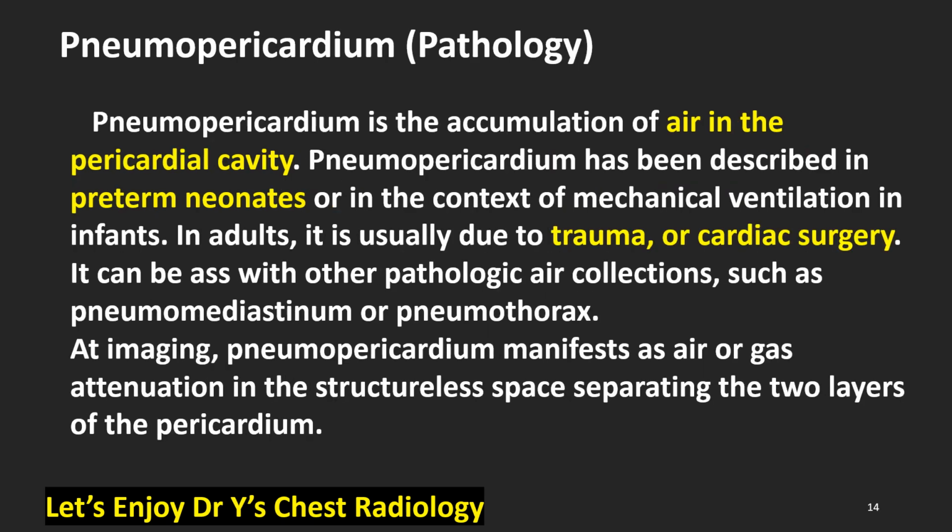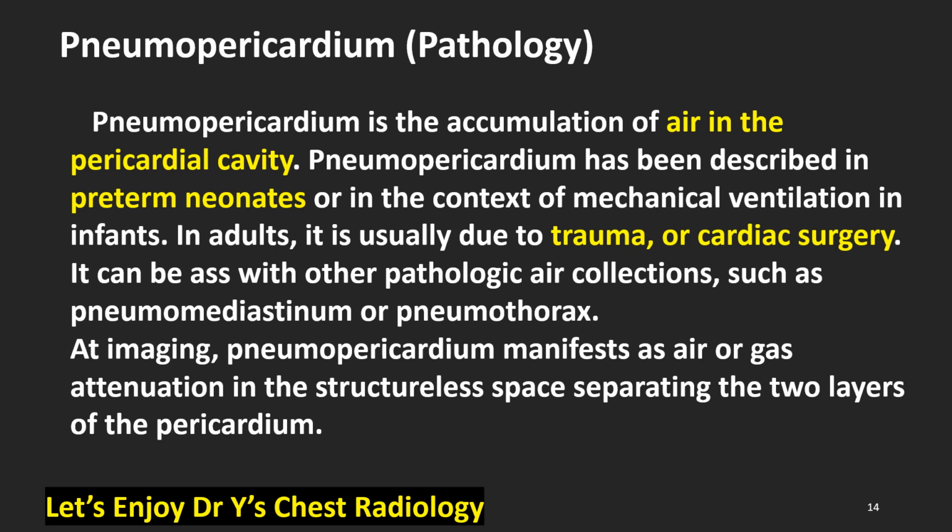Pneumopericardium pathology. Pneumopericardium is the accumulation of air in the pericardial cavity. Pneumopericardium has been described in preterm neonates or in the context of mechanical ventilation in infants. In adults, it is usually due to trauma or cardiac surgery. It can be associated with other pathologic air collections such as pneumomediastinum or pneumothorax.